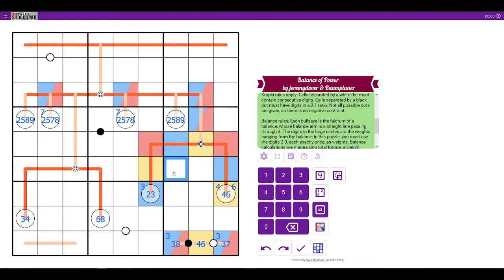And now I could just go with parity stuff. No matter what, I'm always going to have one even number.